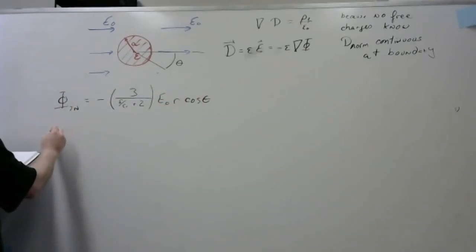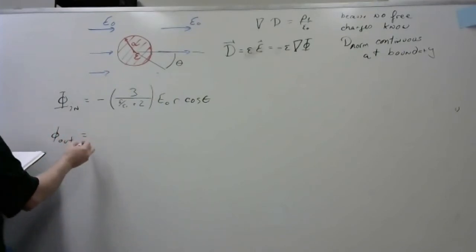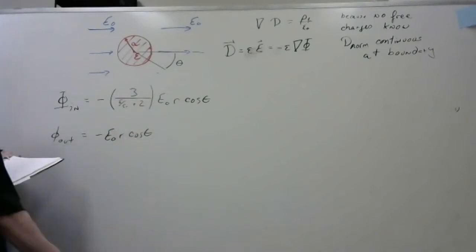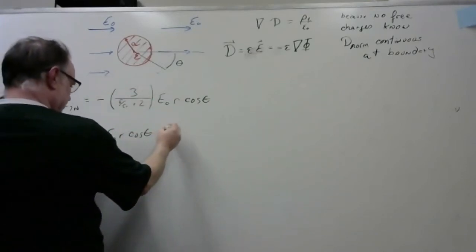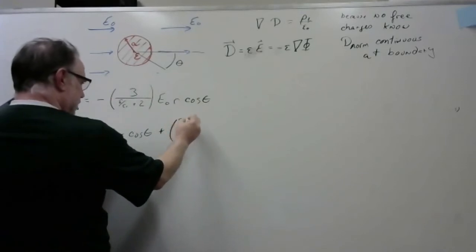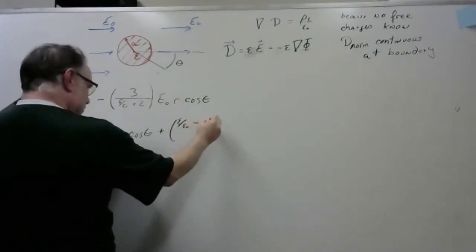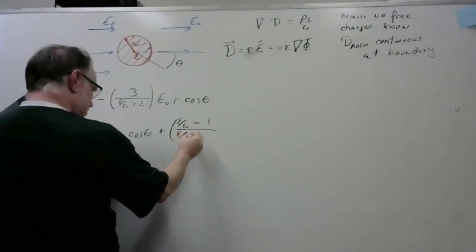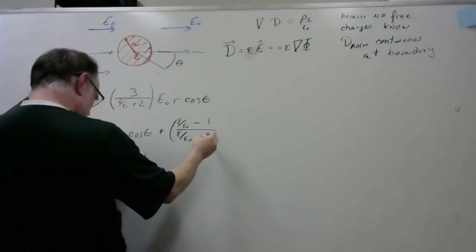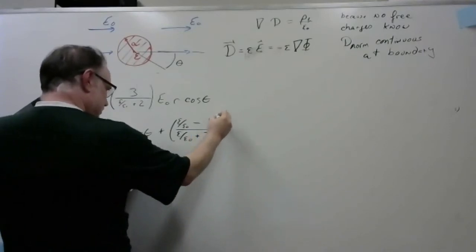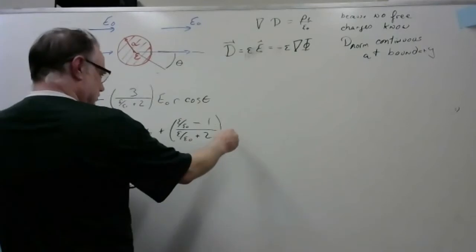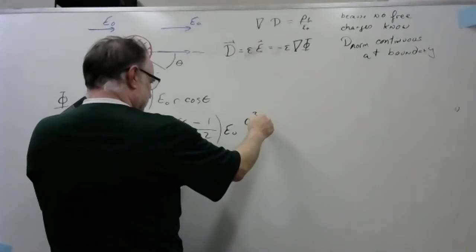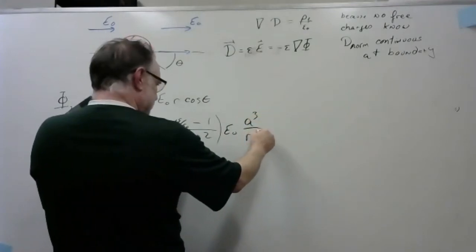And for phi out, we have minus E naught r cos theta plus epsilon over epsilon naught minus 1 divided by epsilon over epsilon naught plus 2 times E naught A cubed over r squared cos theta.